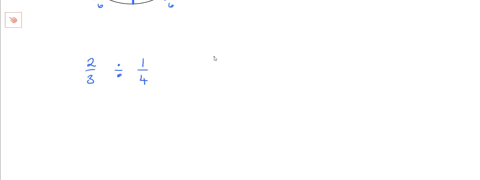So what would you say? Step 1, I don't like the word flip, but find the opposite, the reciprocal of the divisor, the thing that you divide by. Then multiply.